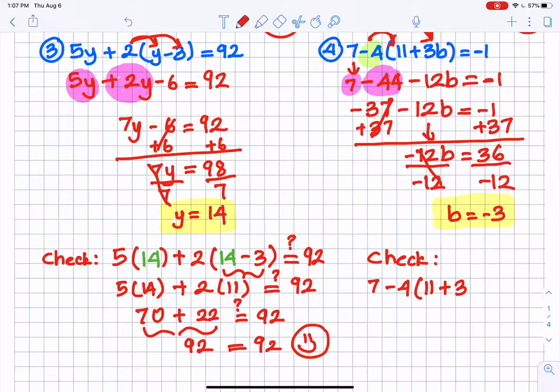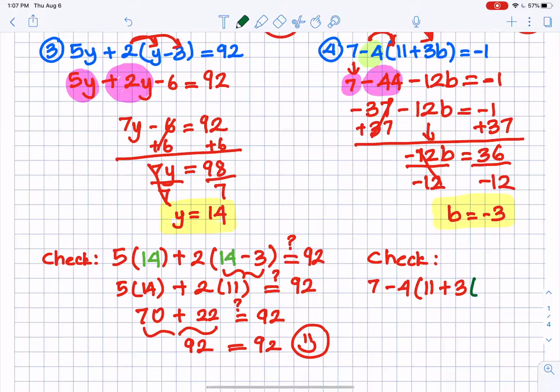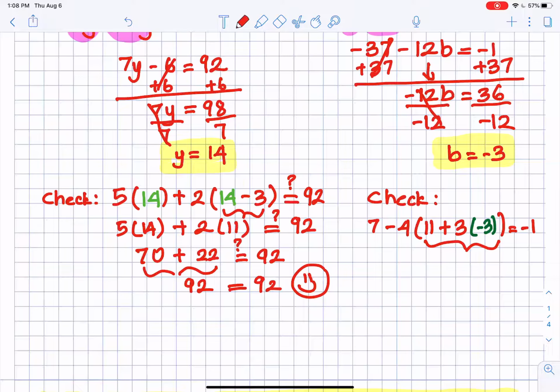We are going to substitute b with negative 3, and negative 1 here. So based on the order of operations, I'm going to do the parentheses first. So I'm going to rewrite the rest.